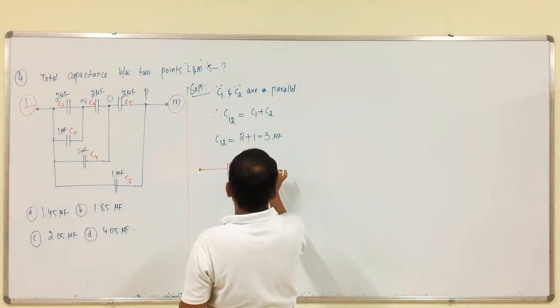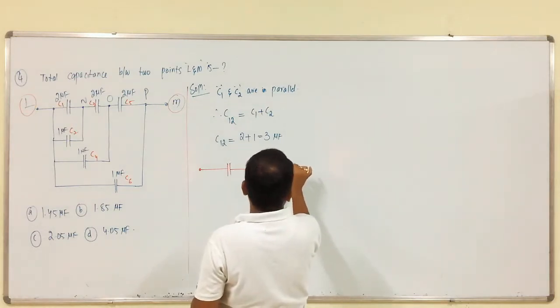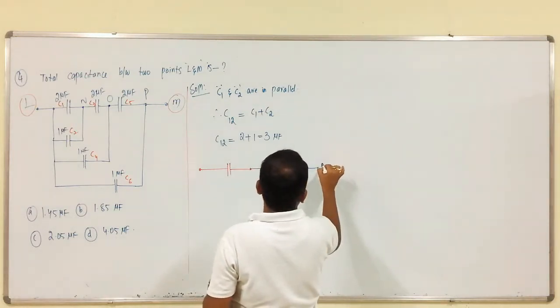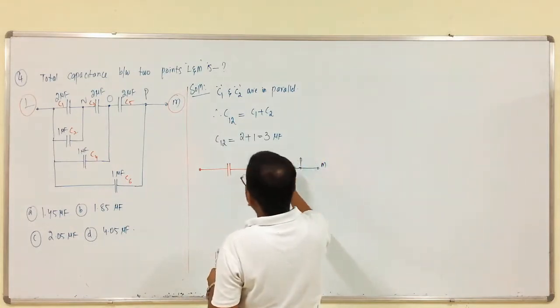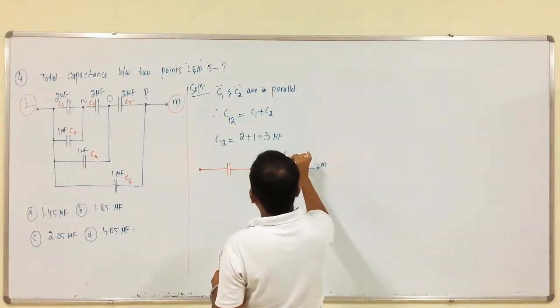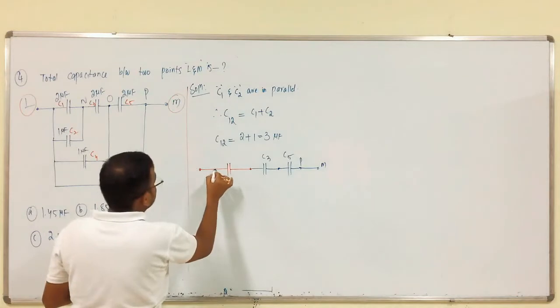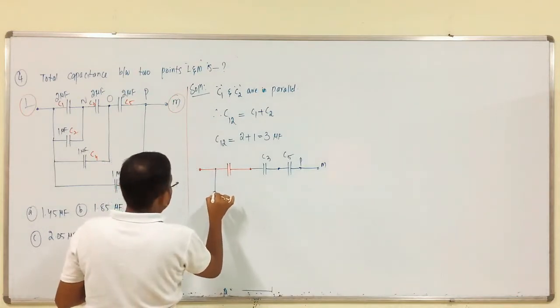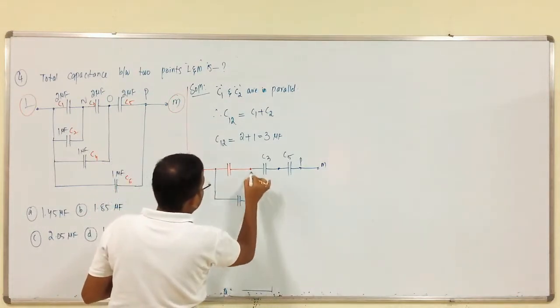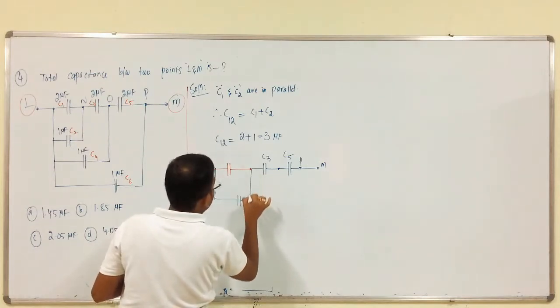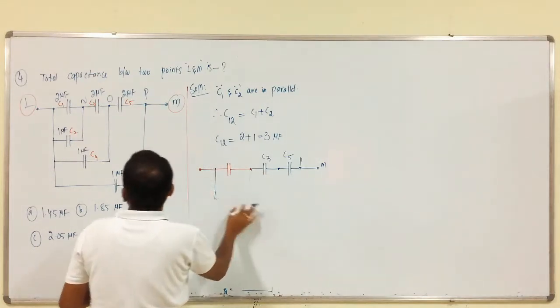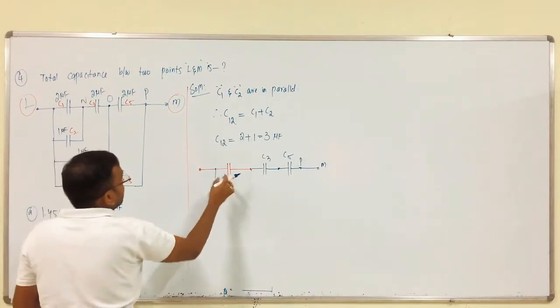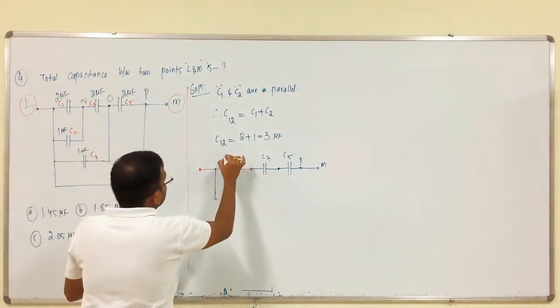This is given, this is M, this is P, this is C3, this is C5. Sorry, this is C1 C2, this is nothing but C12.